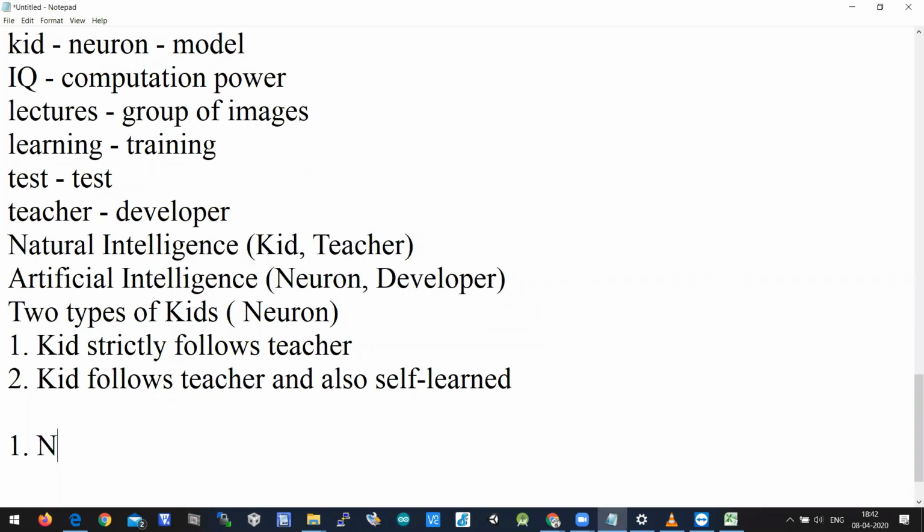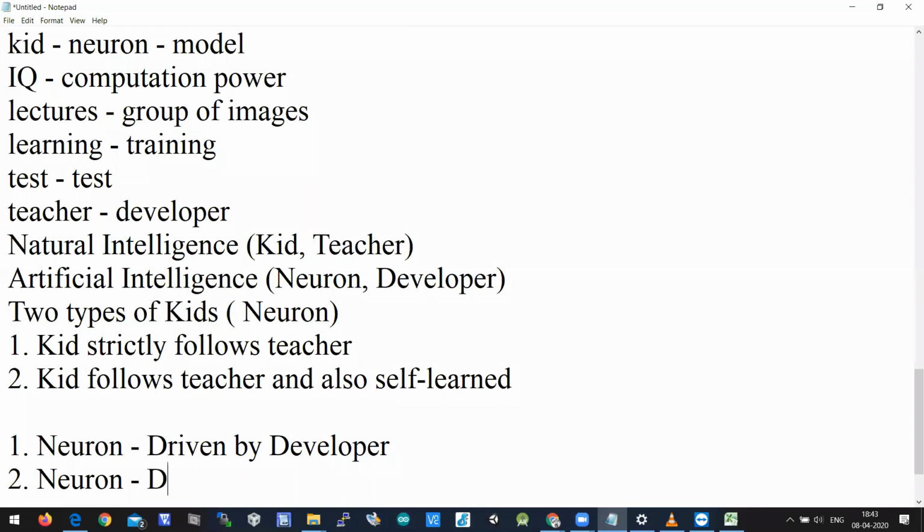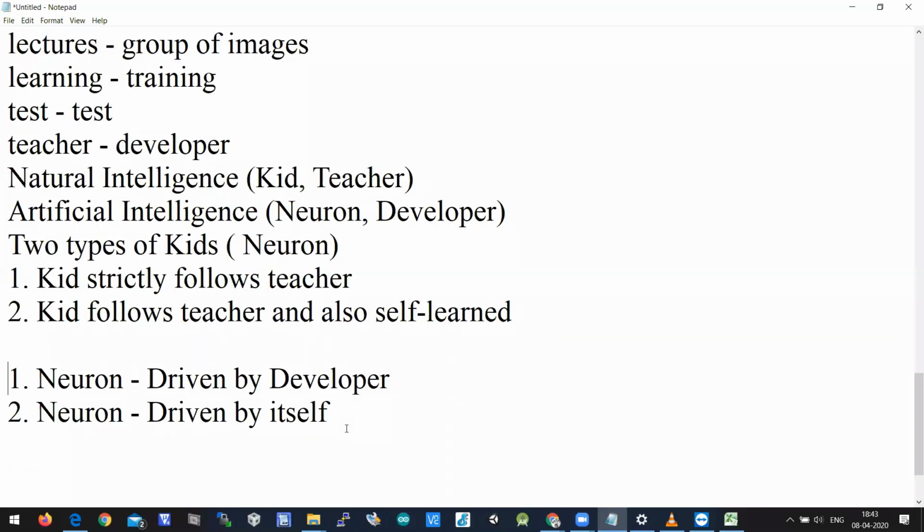One neuron is driven by the developer. The second neuron is driven by itself. The developer will pass a group of images. For the one driven by itself, here also you'll be passing a group of images.